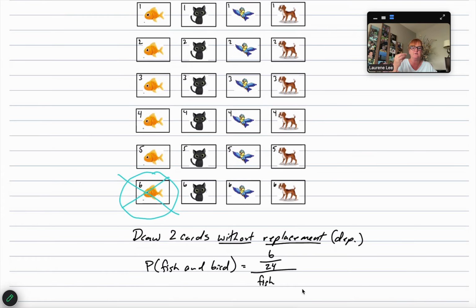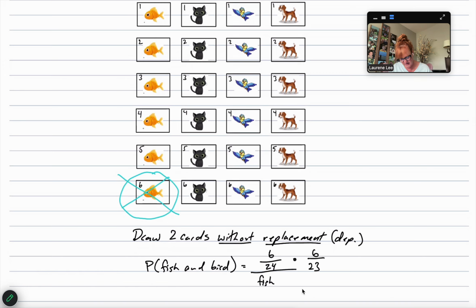And so that affects now my second event. So my second event is, what's the probability that I'm going to draw a bird? Well, there's still 6 birds in the deck. So I still have 6 options, but what changes is the total. So now instead of 24 cards, there's 23 cards.